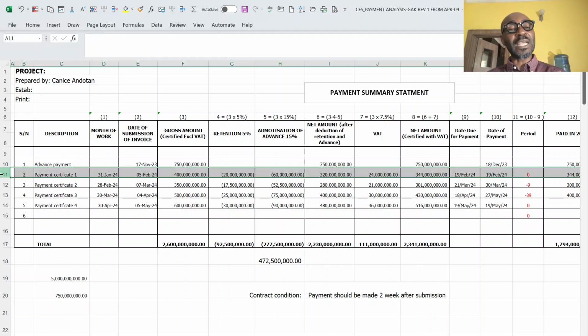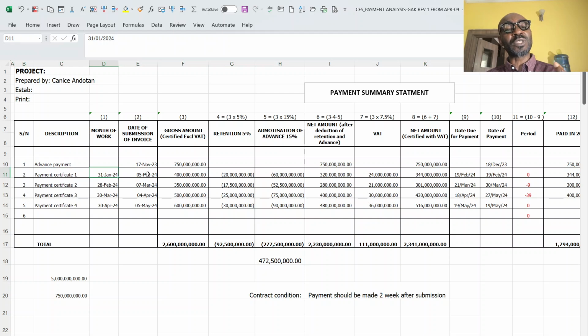Then for the second payment, which was for the month of January, the works done in January, we actually went to site at the end of January, which is 31st of January, to do all the assessment for the job work done.